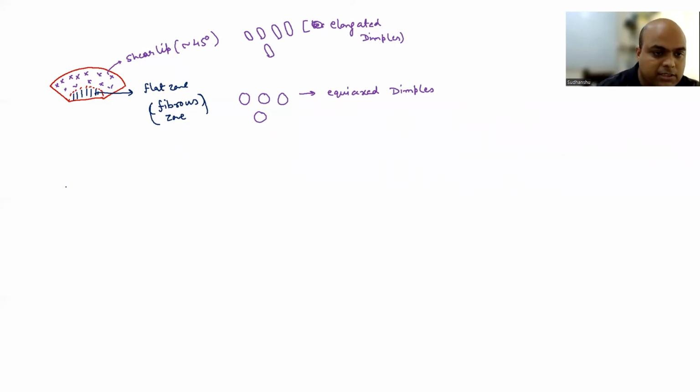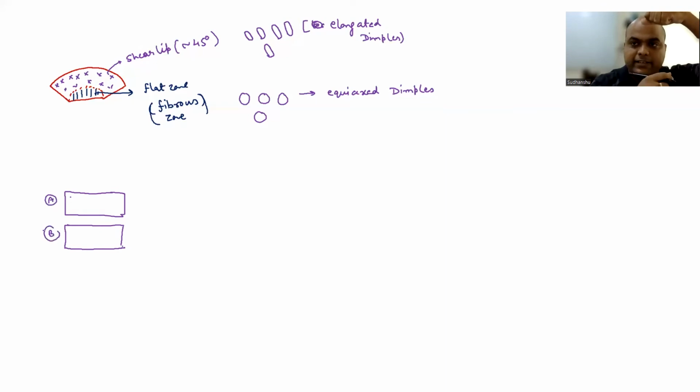So now if I just write down, you have, say, two part A and B. So you are doing tensile testing. So you have fractured the sample. So you are going to have part A and part B. Okay, so let me draw two cases. One will be for shear lip, another one is for fibrous zone.